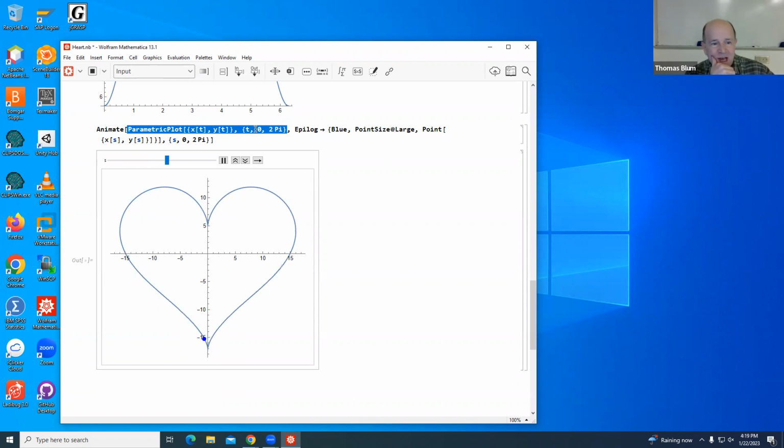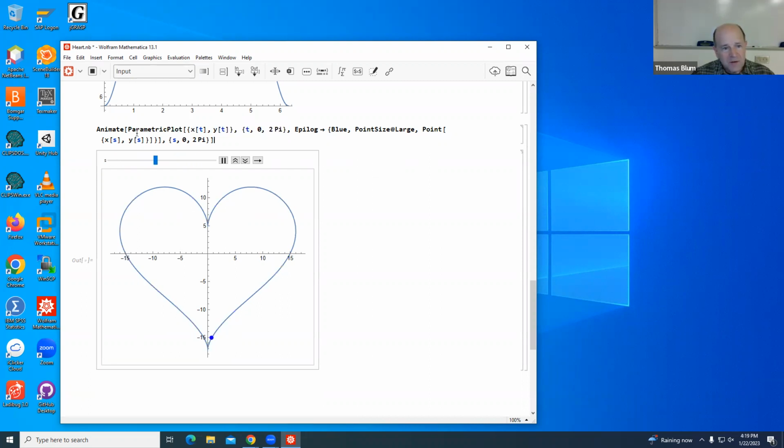If I just animate the parametric plot, I had the problem that the plot range wasn't big enough to draw as much of the function. Originally I had this as an animate variable, and the size of the graph was changing, and I didn't like that. So now I made a fixed parametric plot.